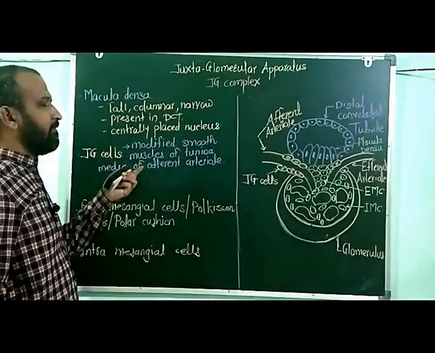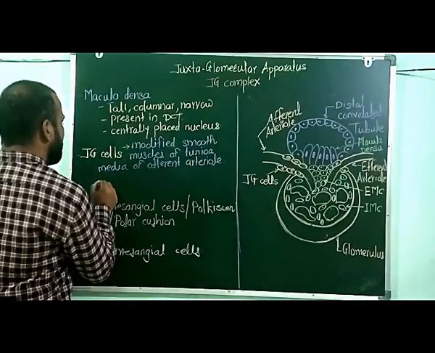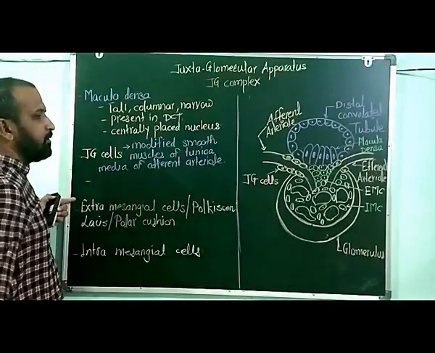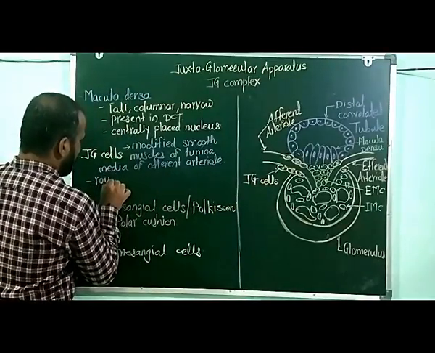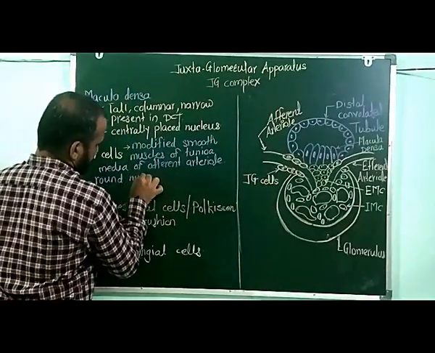These are the modified smooth muscle cells of the tunica media of the afferent arteriole. These JG cells consist of a round nucleus.